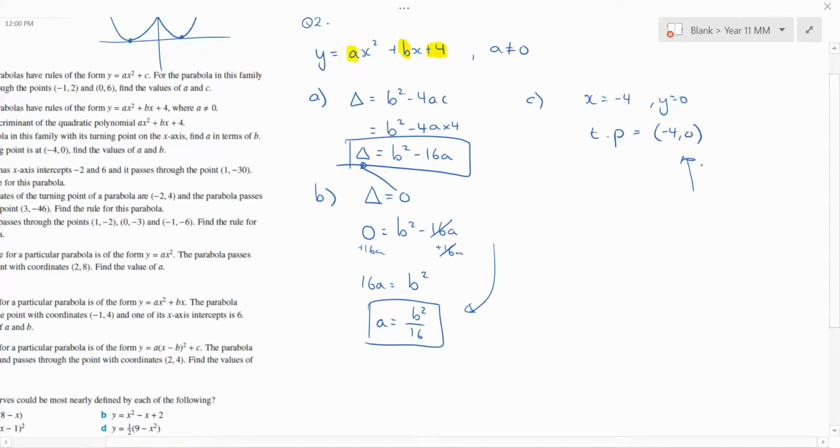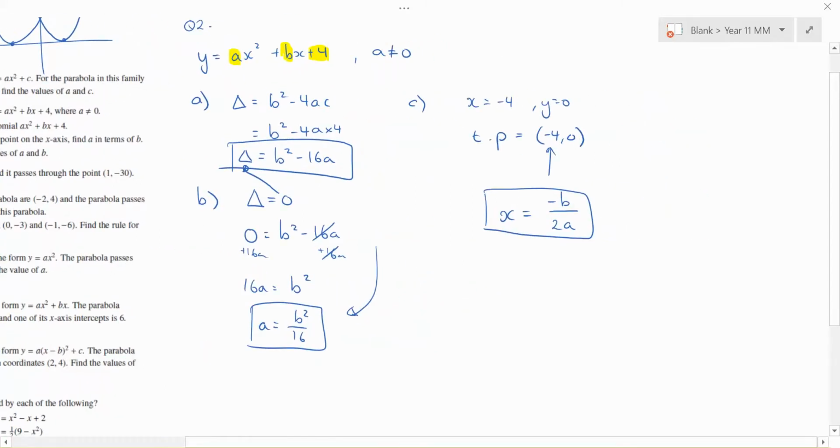You need two equations for two unknowns, and I haven't shown this formula to you, but there is a turning point formula to find the x coordinate. It's x equals negative b over 2a. That will tell you the x coordinate of your turning point.